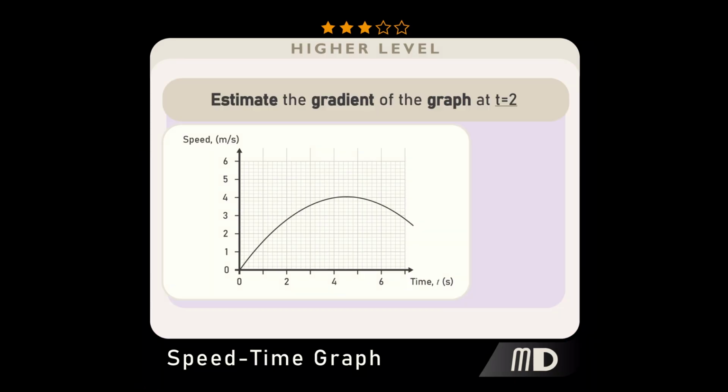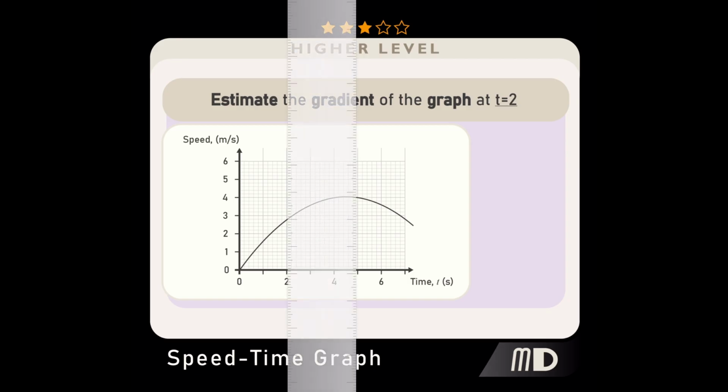We've been told to estimate the gradient of the graph when t is equal to 2. By drawing a vertical line from the value 2 on the x-axis, we can locate the point of tangency.